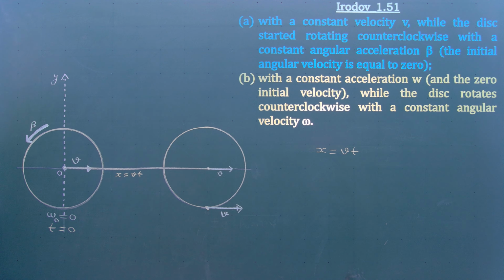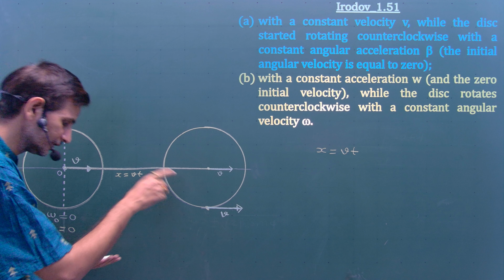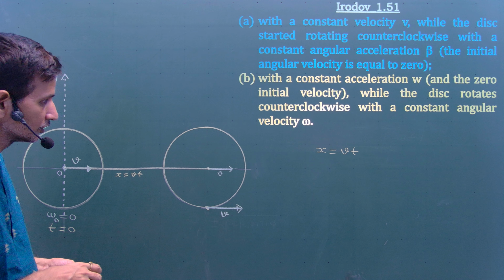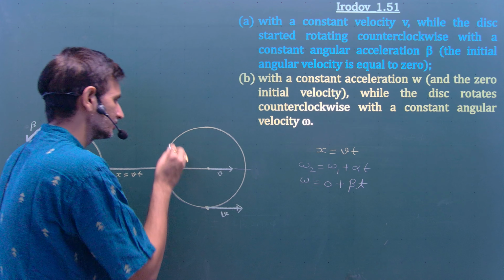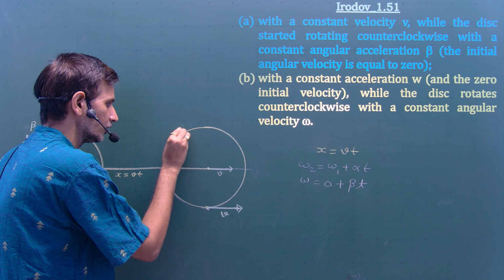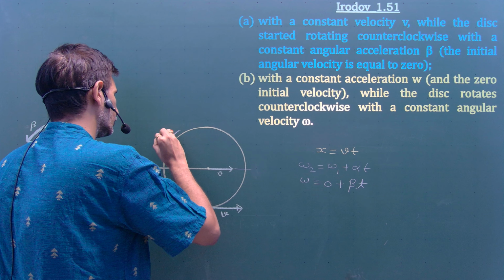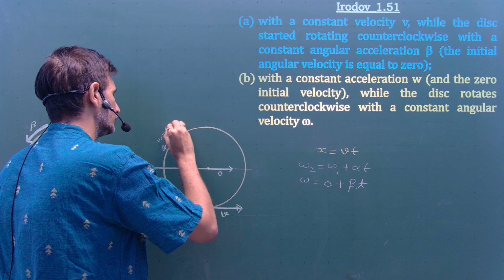How to calculate the velocity due to rotation? The angular acceleration is constant, initial velocity is 0, and we have to calculate the velocity at time t. So first I calculate the angular velocity of this disk after time t. For that I use the equation omega final equals omega initial plus alpha into t. So omega final equals omega naught, which is 0, plus alpha, given as beta, into t. So at this moment the angular speed of this disk is omega equal to beta into t.